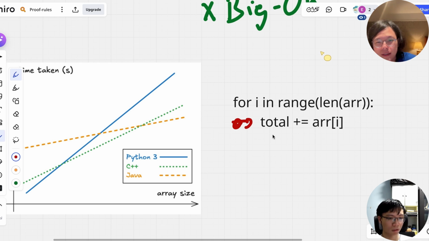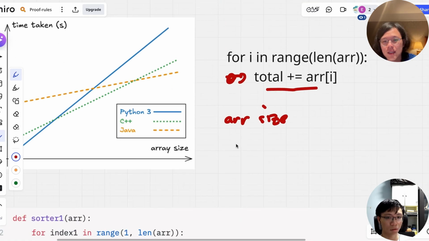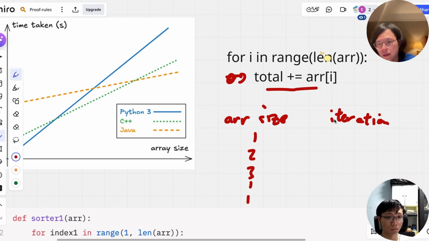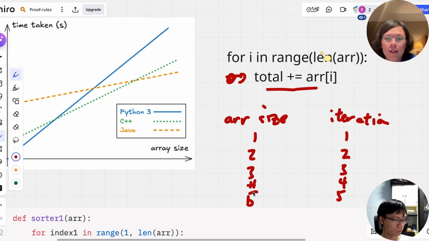The number of times you're going to run this line is proportional to the number of elements in the array. So you could have an array of size 1, size 2, size 3, and so on, and the number of iterations is basically proportional to this. With the size 1 array, you're just going to make one iteration, two iterations, three iterations, 4 and 5, and so on, right?